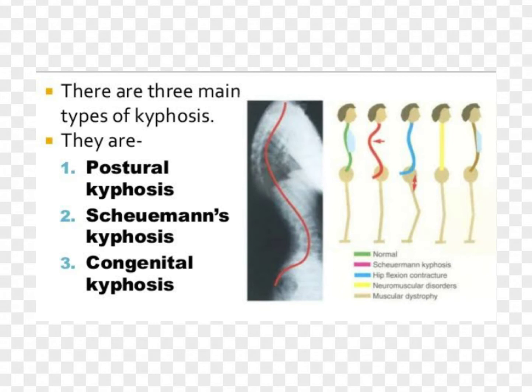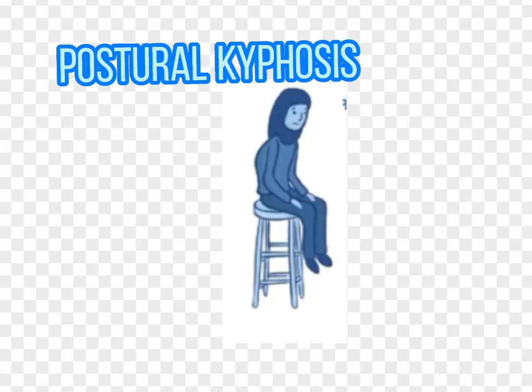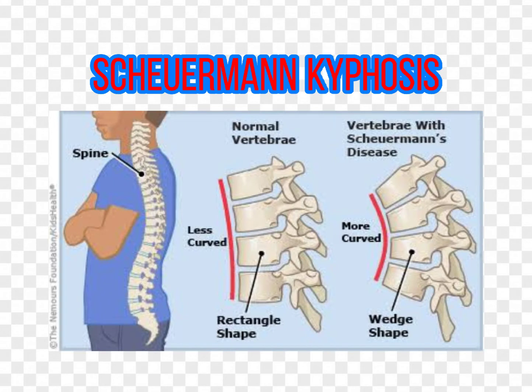First is postural kyphosis, which arises from repeated poor posture like slouching for a long time. Postural kyphosis is most common in young females. The second type of kyphosis is Scheuermann kyphosis, which is when the vertebrae get structurally deformed and become wedge-shaped for an unclear reason.